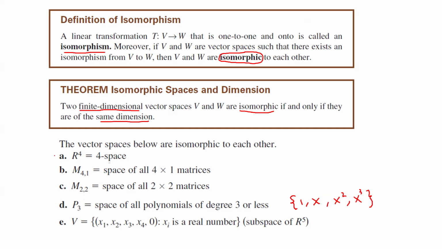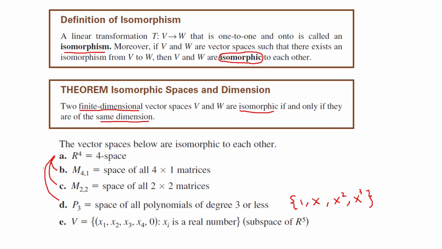You can define a linear transformation from the very first space to the third space, which is one-to-one and onto. You can define a linear transformation from the first space to the fourth space, which is one-to-one and onto.